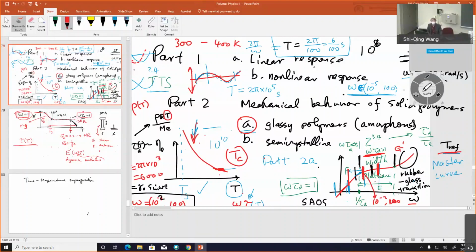You get my point? Then the rest of the things are done at different temperatures. For example, the ones at the lower frequency obviously were done at higher temperature. The data above it obviously was done at the lower temperature. So when you see a curve like this, that obviously will tell you this is 10 to the minus 6. This is 10 to the plus 8.